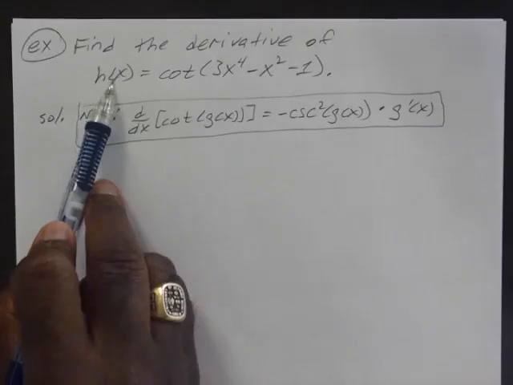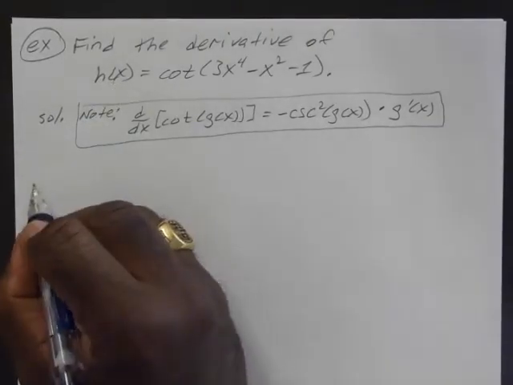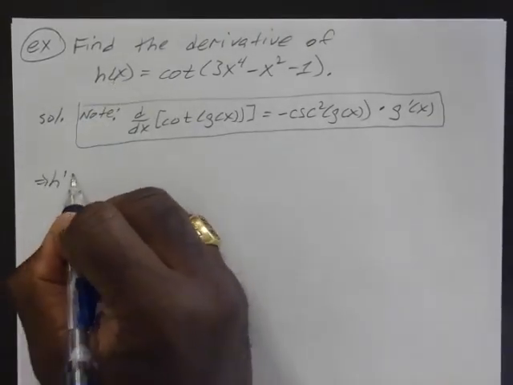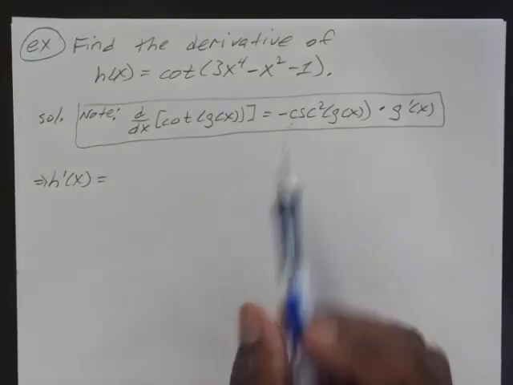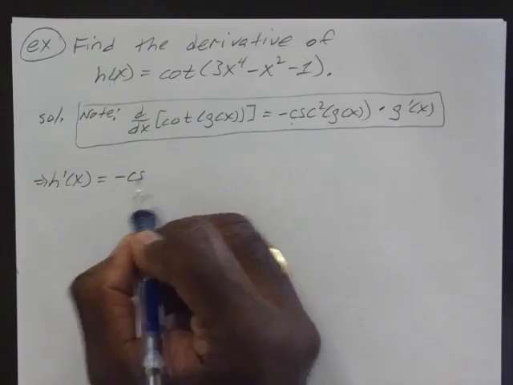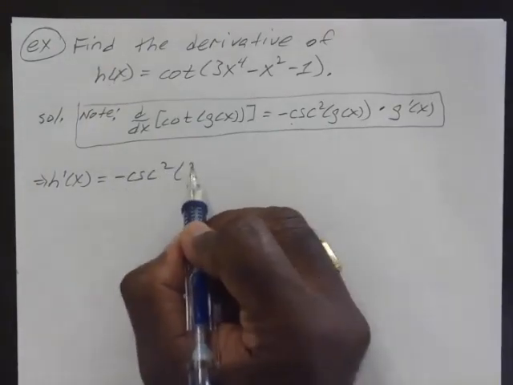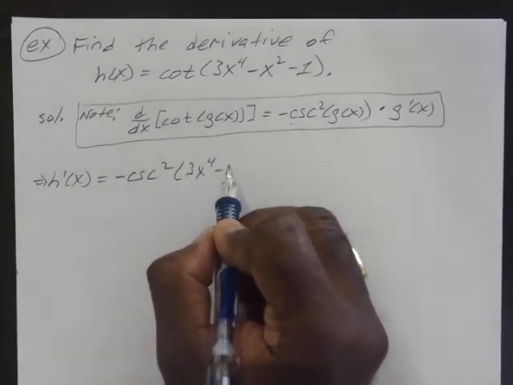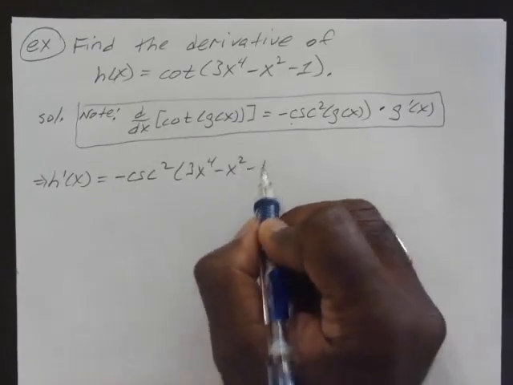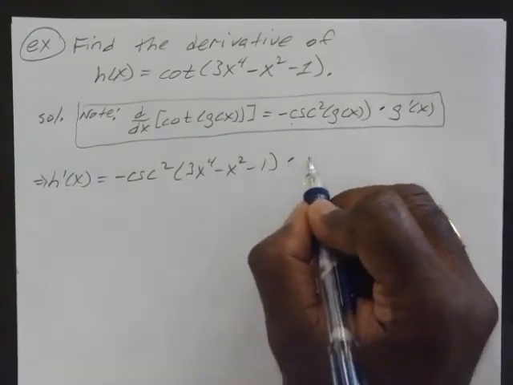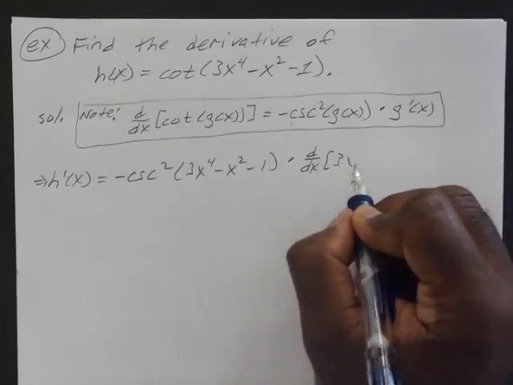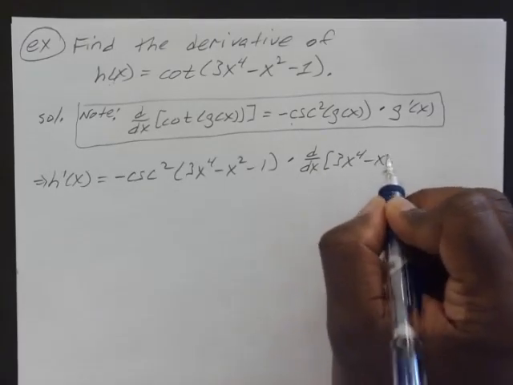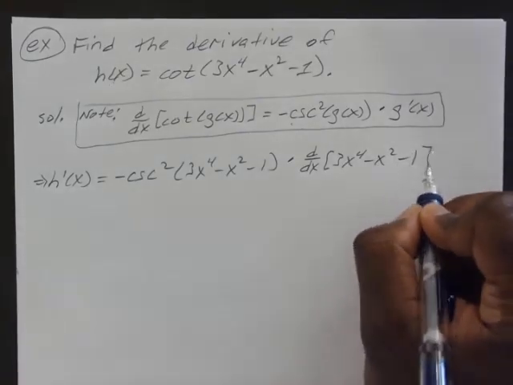So that means our h prime of x is going to equal negative cosecant squared of 3x to the fourth power minus x squared minus 1 times the derivative of 3x to the fourth power minus x squared minus 1.